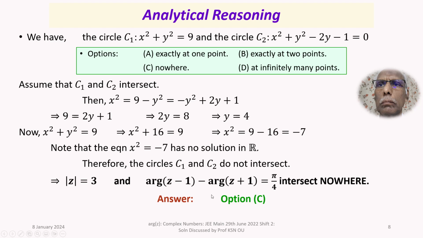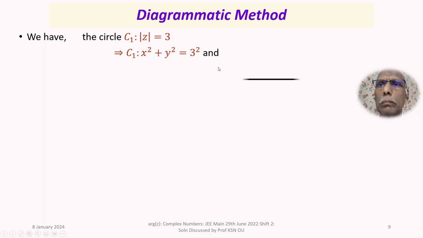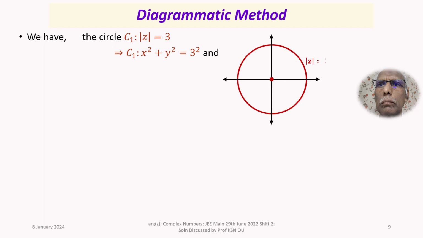There is one more method. People sometimes draw the diagrams. So the diagrammatic method. We have C1, which is x square plus y square is equal to 3 square. That is a circle with the center at (0, 0) and radius 3. Agreed.